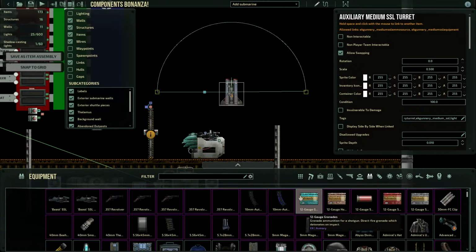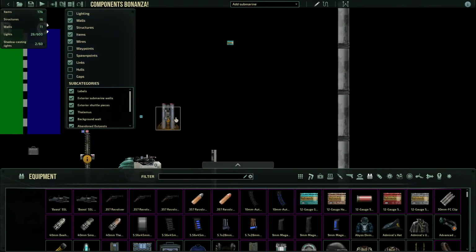You want to auto target something with your turret, right?